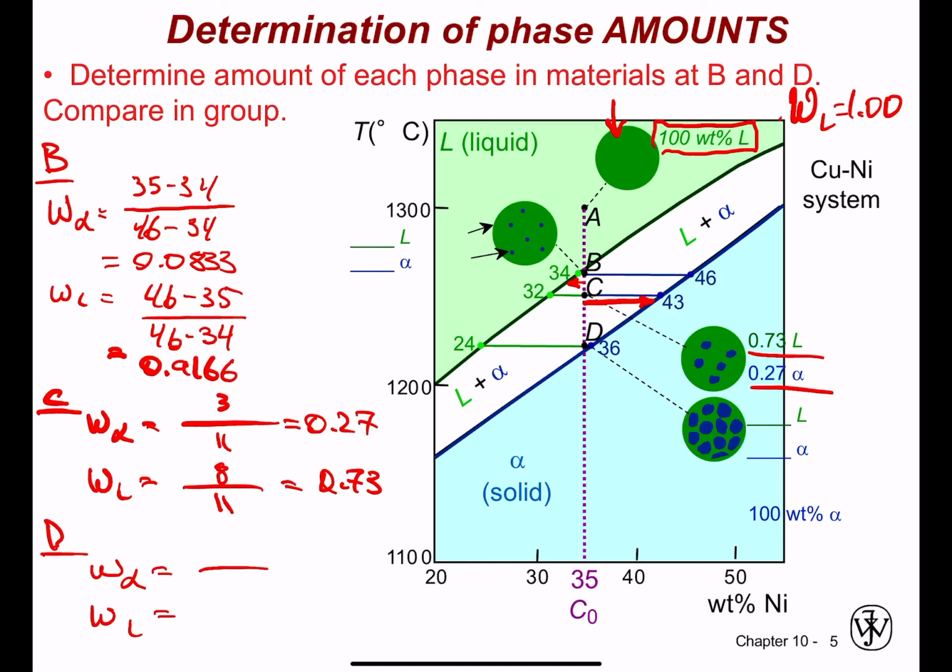This time our denominator is going to be 12, and our numerators are going to be, for the weight fraction of alpha, 35 minus 24, so this time it's 11, and the other is 1. So 1/12 and 11/12 are our fractions there.